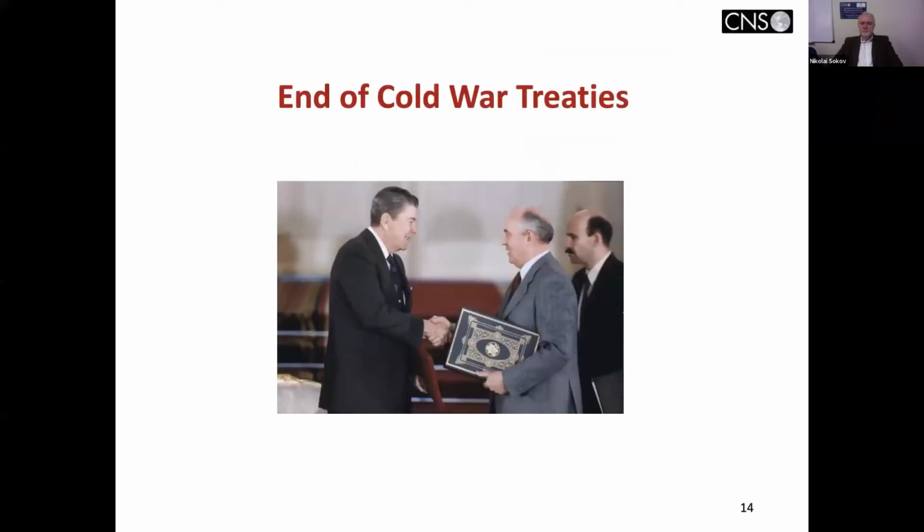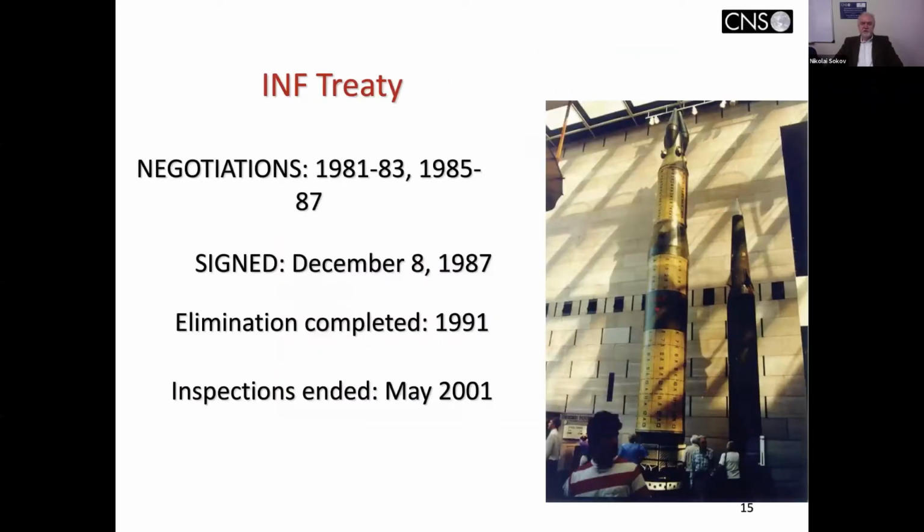Okay, so now let's look at arms control. The arms control scene, as we know it today, was really set at the end of the Cold War, the last few years of the Cold War, perestroika, and things like that. I was really part of those events. It was quite an interesting time.